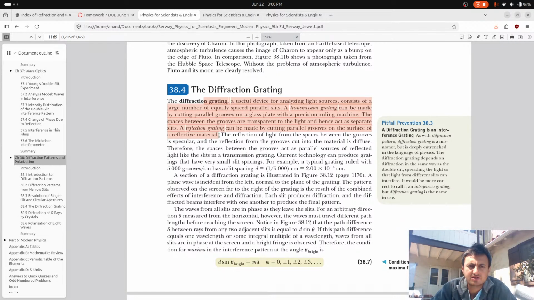The transmission grating can be made by cutting parallel grooves on a glass plate with a precision ruling machine. The spaces between the grooves are transparent to the light and hence act as separate slits.